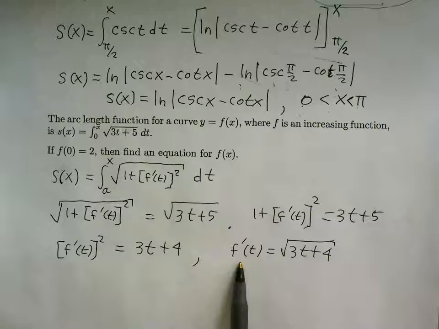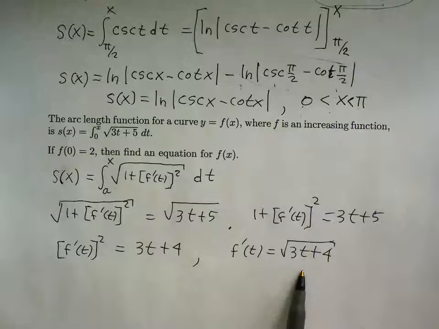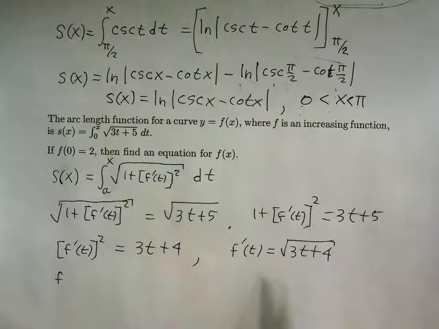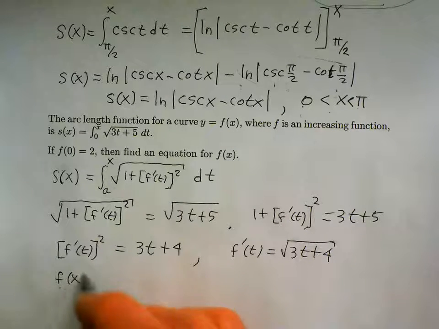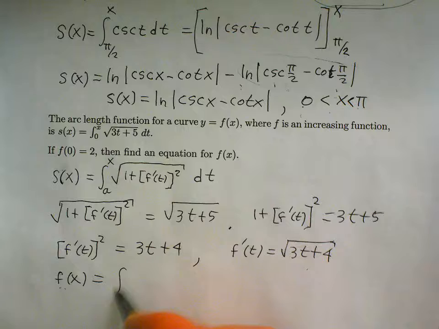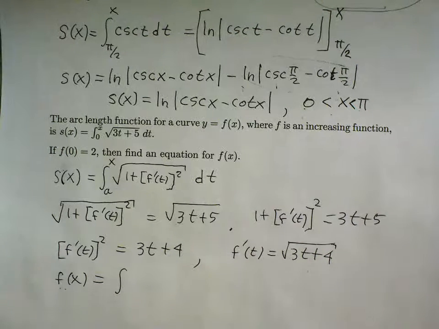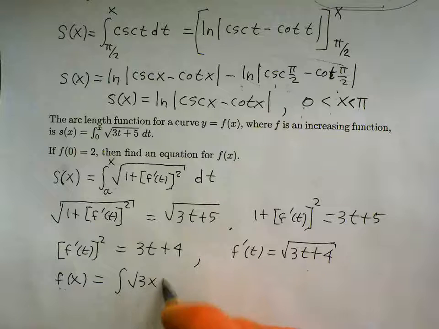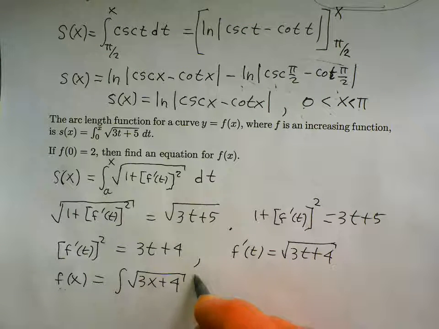Okay, then to find f of t, we just find an integral of the square root of 3t plus 4. So let's go ahead and replace t with x, since we're trying to find f of x. So f of x is equal to an integral of the square root of 3x plus 4 dx.